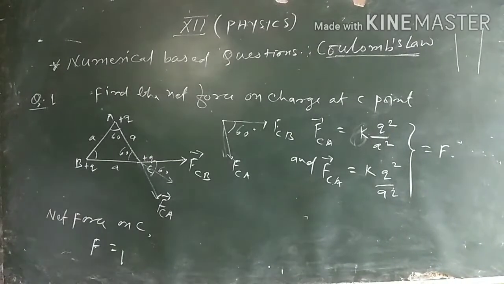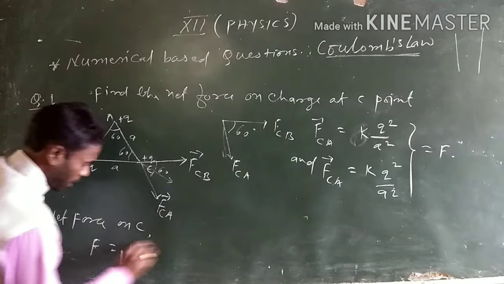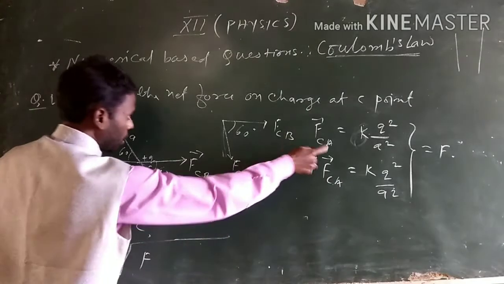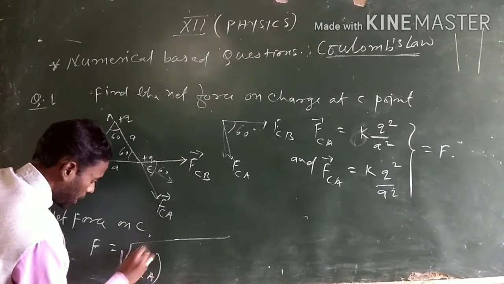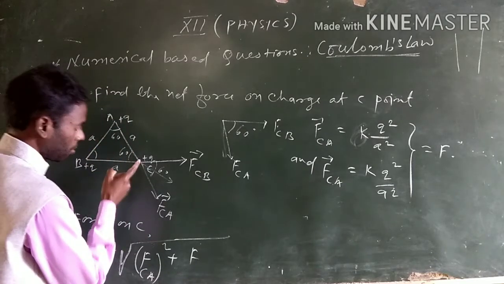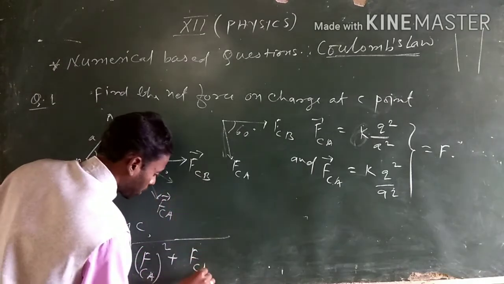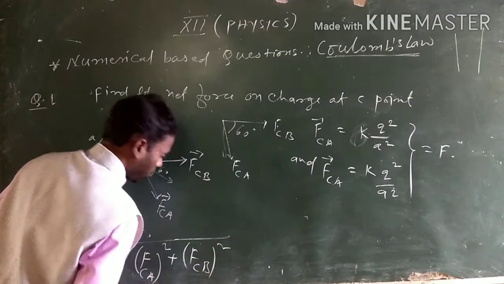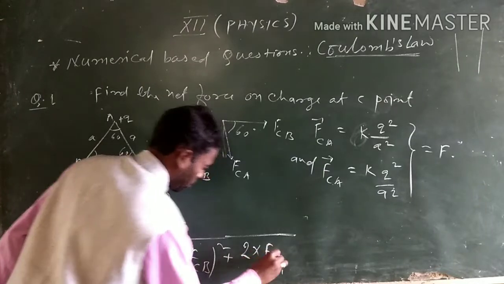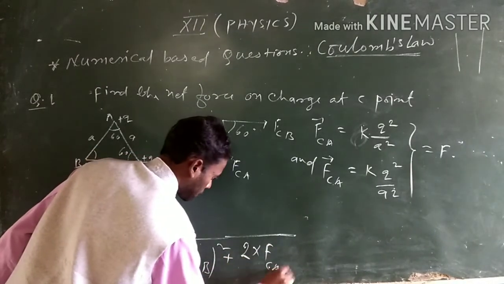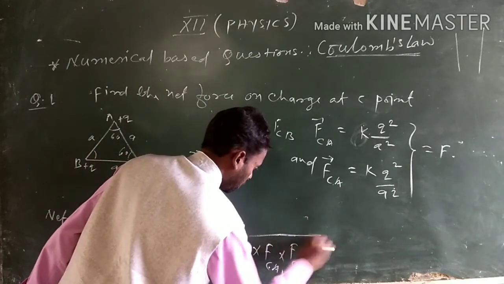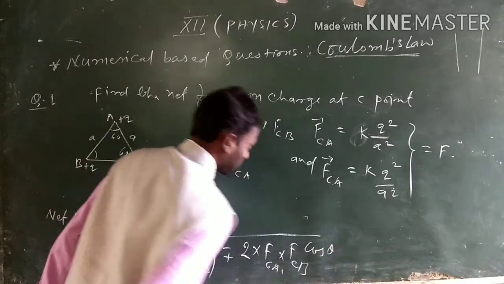Then the total force, by the angle method, we write: F squared equals F_CA squared plus F_CB squared plus 2 F_CA F_CB cos theta.